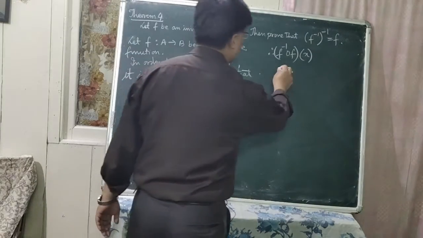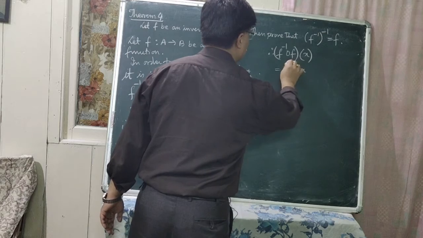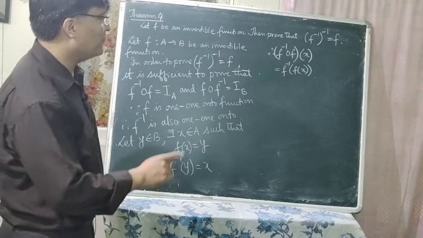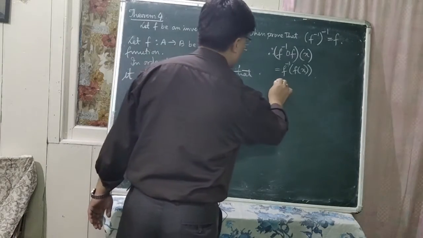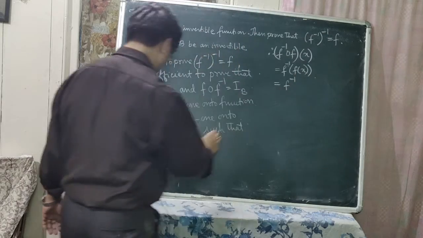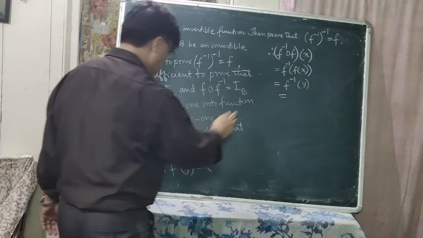So this is equal to f inverse of f of x. It is defined as f inverse within bracket f of x, which is equal to f inverse of, what is f of x? f of x is y, and what is f inverse of y?